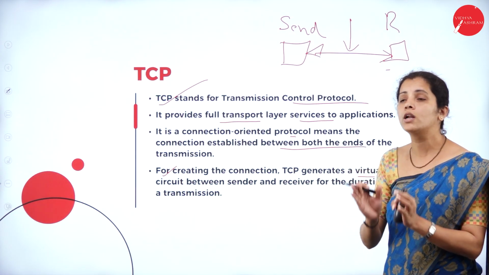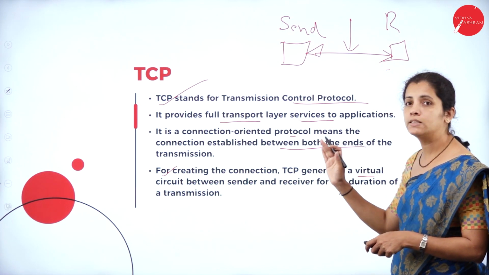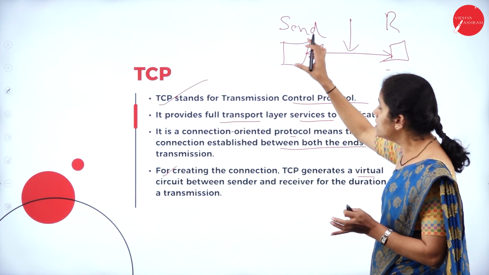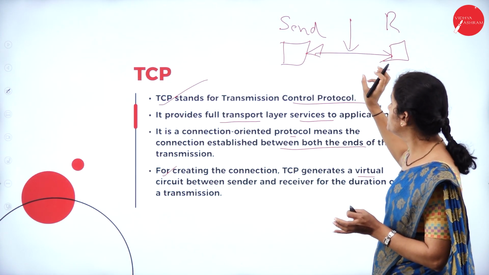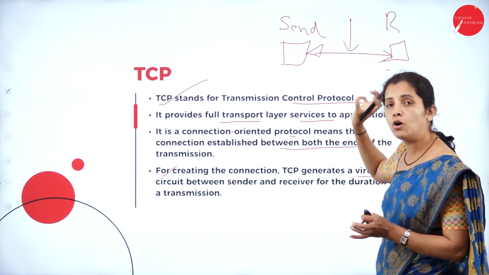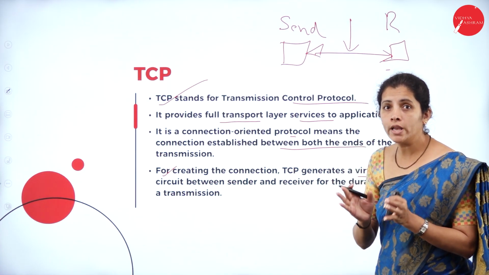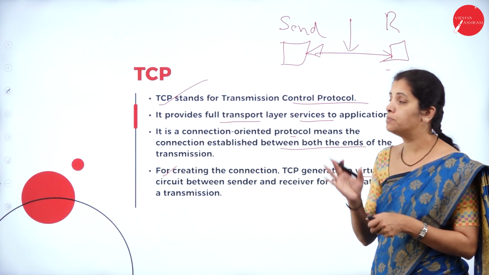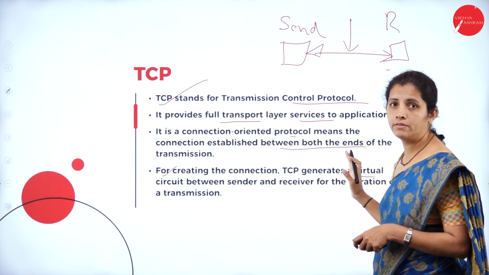There is a virtual link between sender and receiver. So here there is a virtual connection between sender and receiver. For that reason, it is called connection oriented. So what kind of connection? Virtual connection between sender and receiver.